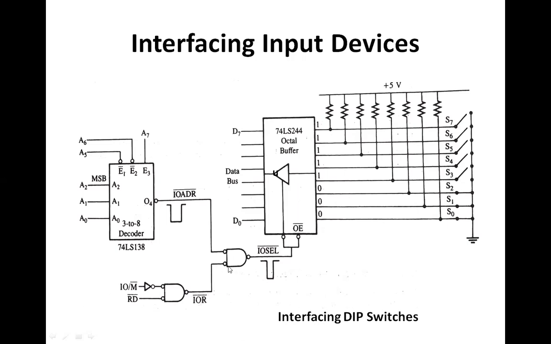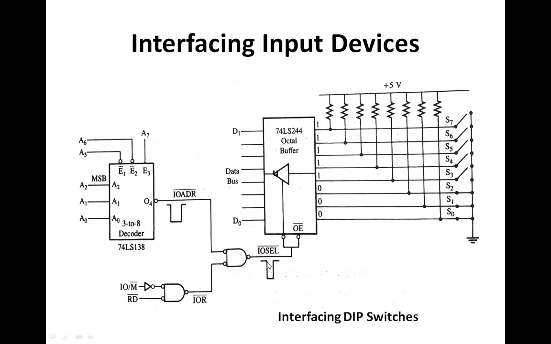When this input output read signal as well as this address signal come over here, they are again ANDed with the output of the decoder circuit, and then the IO ADR, that is input output address, and input output read are ANDed together to generate the input output select pulse.